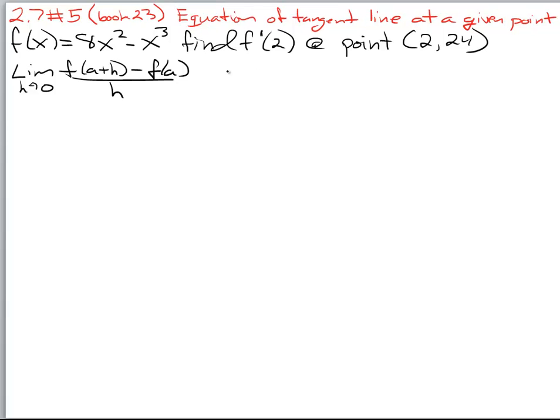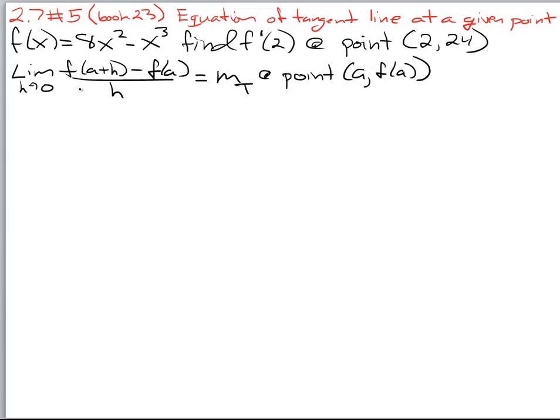If we wanted to find a general equation for all slopes, right, at all points, we have to use the x plus h and x version, right? So this is just going to be the slope of our tangent line at the point a comma f of a.